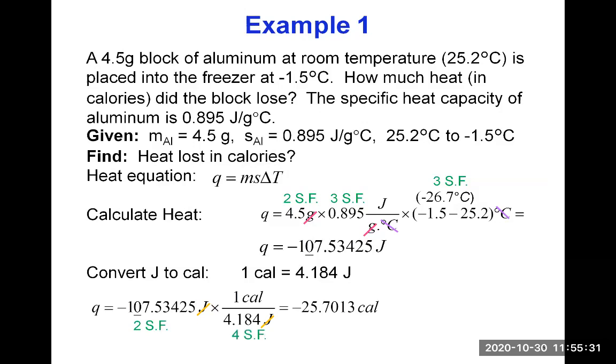We have 4 sig figs in the joules because that's a measured value, and the 1 calorie is exact. So still we need to keep 2 sig figs in the end, and so we keep the 2, we keep the 5. What comes after the 5 is a 7. So you need to round the 5 up to a 6. And that's going to be negative 26 calories. So that it's 2 sig figs. So that's the amount of heat that the block of aluminum lost.